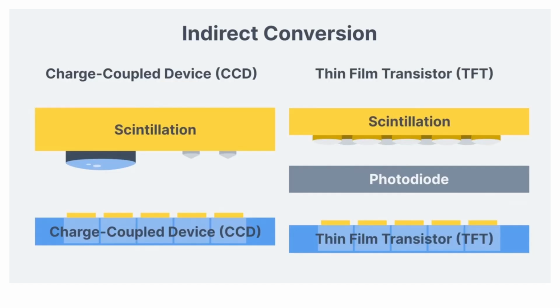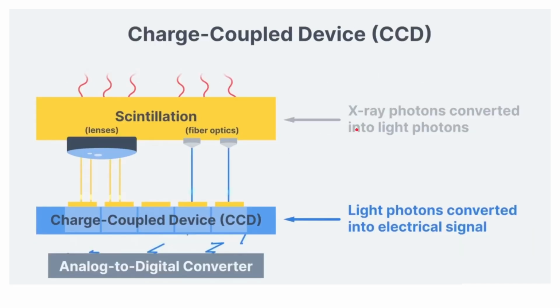Then we have the indirect conversion. There's two kinds of this: a charge coupled device, a CCD, as well as, like the direct one, we have TFTs, thin film transistors. Notice both of these have a scintillation layer. So for the charge coupled device, the X-rays hit the scintillation layer, which causes X-ray photons to be converted into light photons.